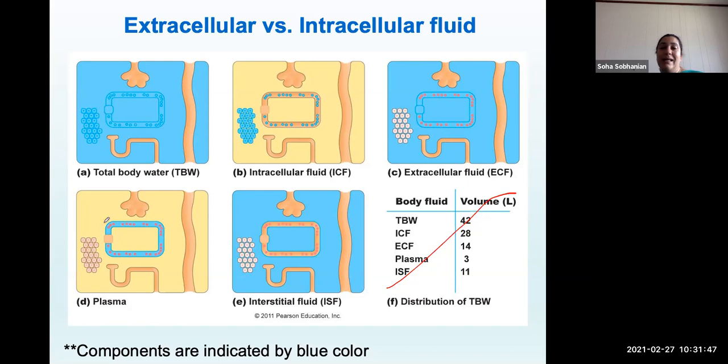If that fluid is limited to my blood and my cardiovascular system, it is plasma. And if that extracellular fluid is outside my blood, but around my cell still, it's called interstitial fluid, as in the fluid found outside the cell, but not part of the plasma. Is this making sense to everybody?